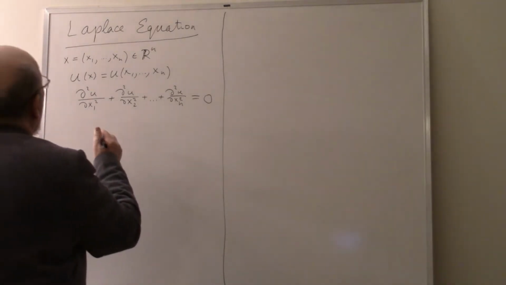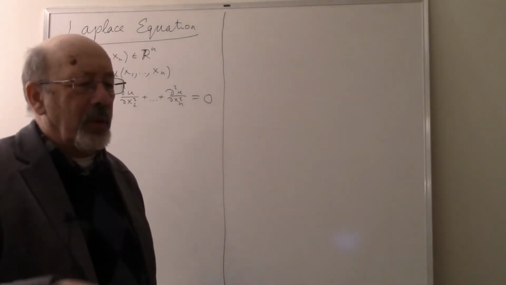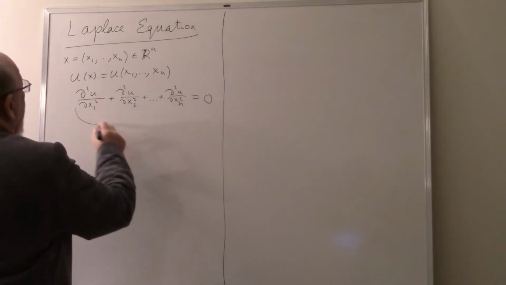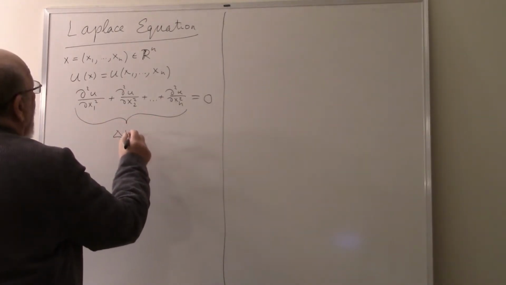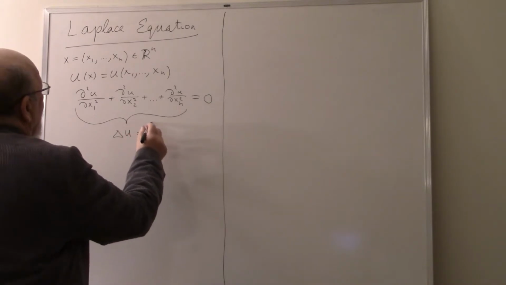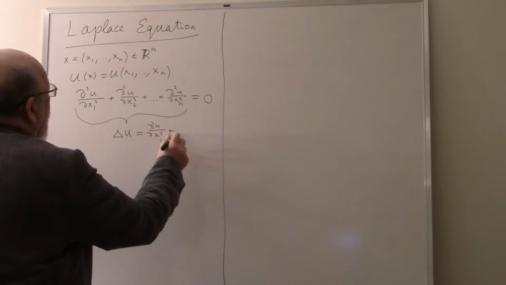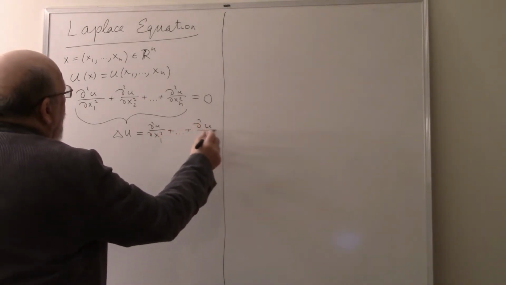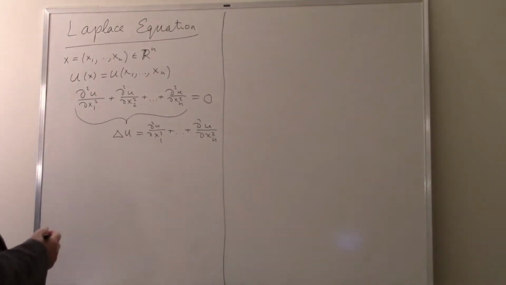Because of its importance and its ubiquity, we denote the left-hand side by delta u. Delta u equals d2u/dx1 square plus and so on, plus d2u/dxn square.